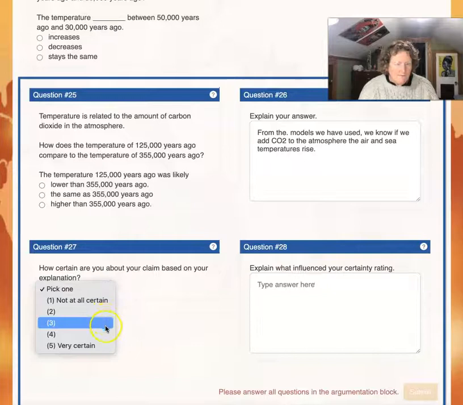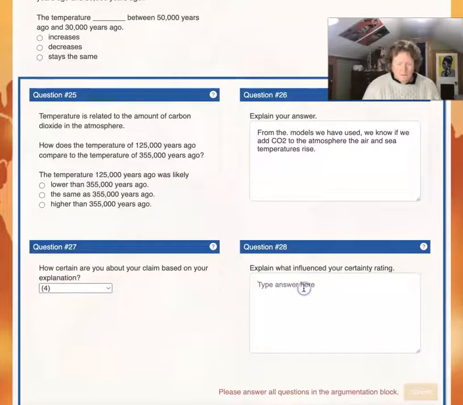Well, we have data from the ice cores that show the carbon dioxide was higher.